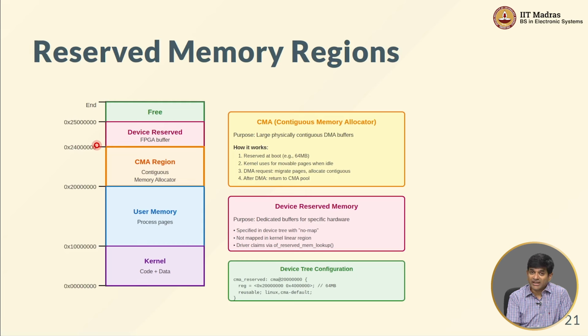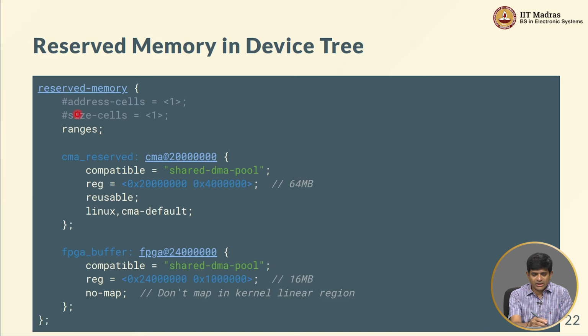It might not have a physical range associated with it at all, but the important point is that the FPGA alone will have access to this part. The kernel is not going to have any virtual address mapped into this range, so the only way to access it would be through physical addresses directly. This can be done even using the device tree, which makes it quite flexible.